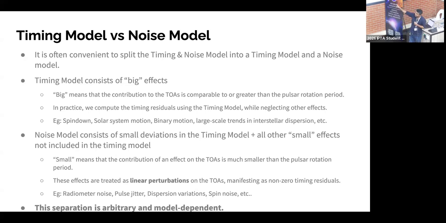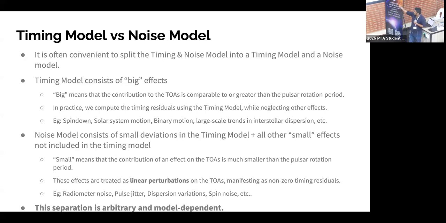Small in this case again means that the effect on the TOA is much smaller than the pulsar rotation period, and it turns out that these effects can be treated as linear perturbations on the TOAs. These basically manifest as non-zero timing residuals.